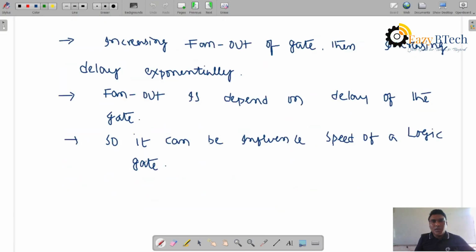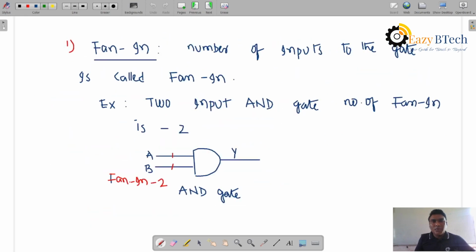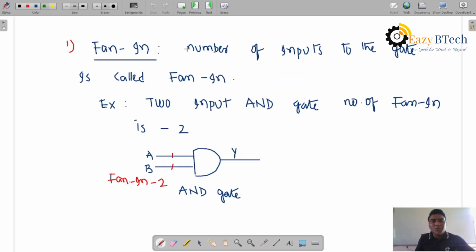So today we discussed fan in and fan out. It is also one of the parameters used for increasing the speed of the transistor, right? Fan in is the number of inputs, so this indicates two inputs, single output.